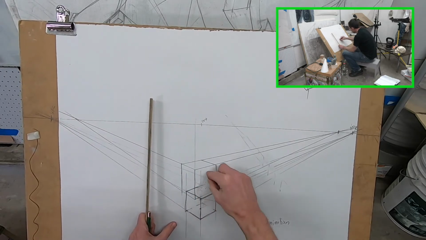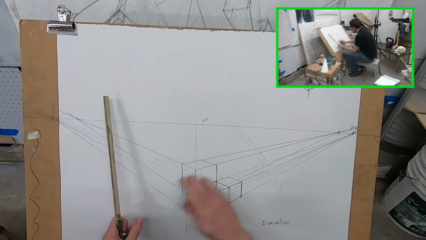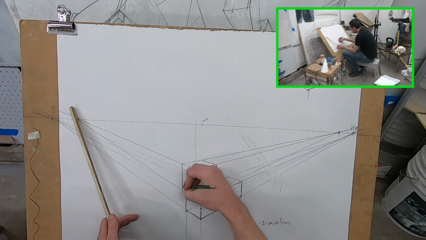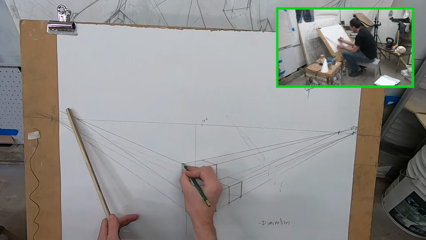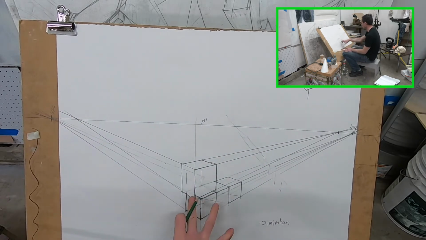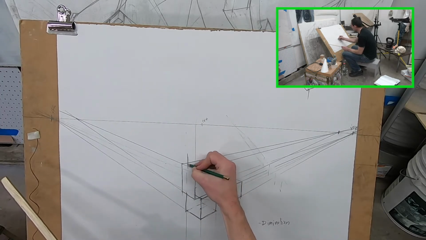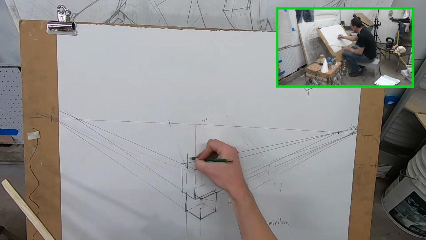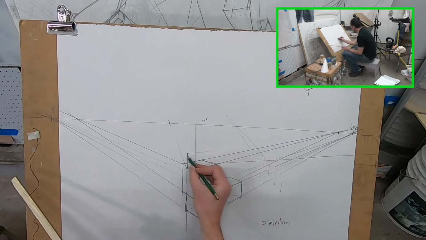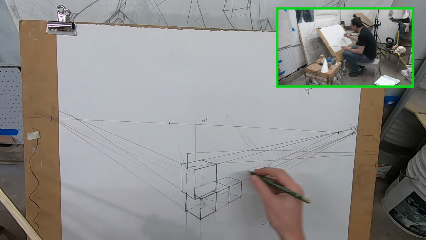Let's knock down. So a cube that's subtly shifted. Let's do another one that's a little more aggressively shifted. That vanishing point's going way down that horizon line.